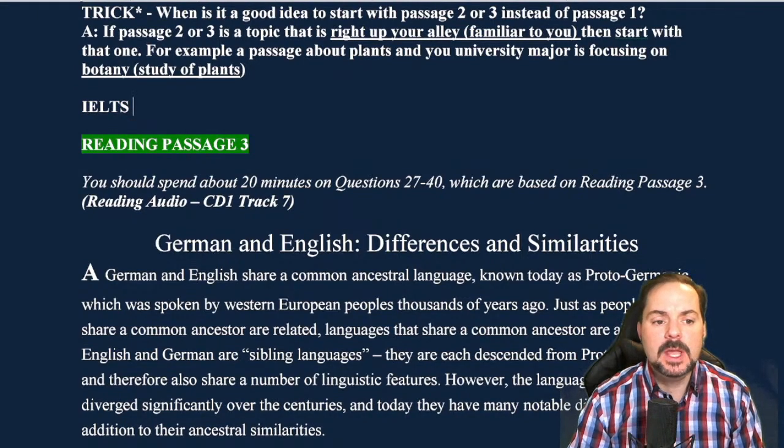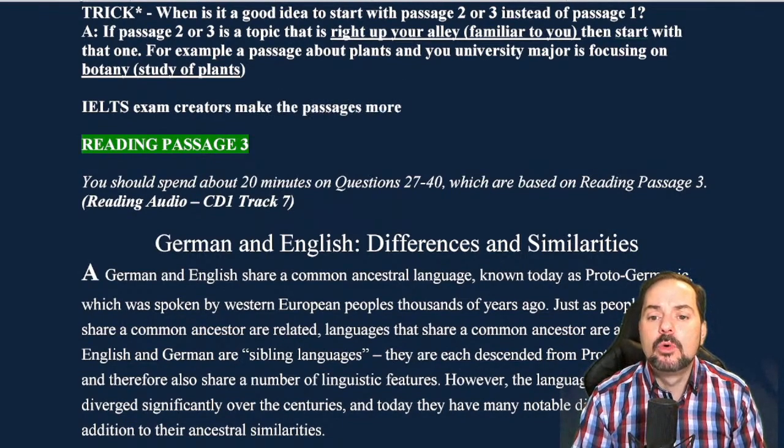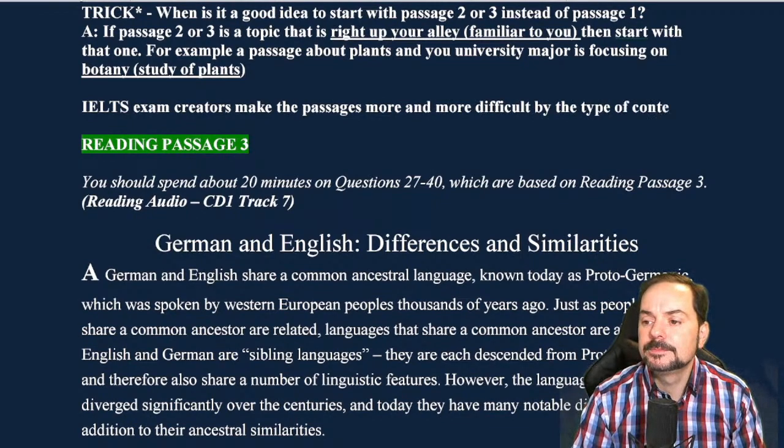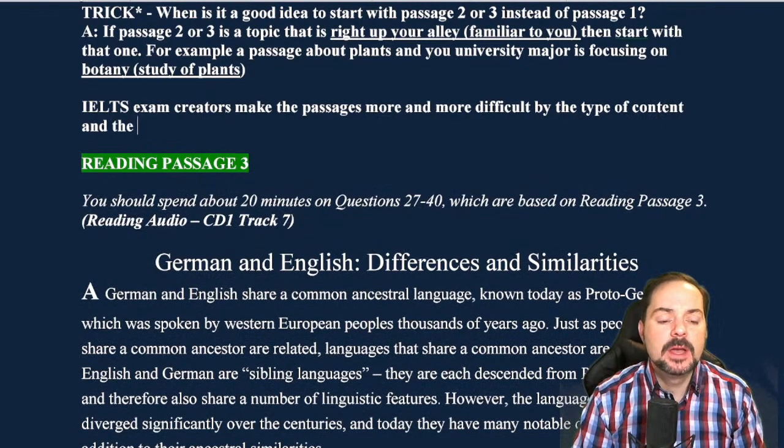So IELTS exam creators make the passages more and more difficult by the type of content and the type and difficulty of questions.